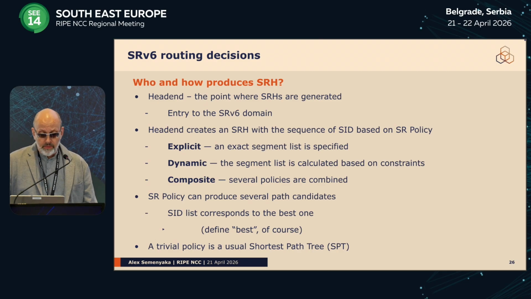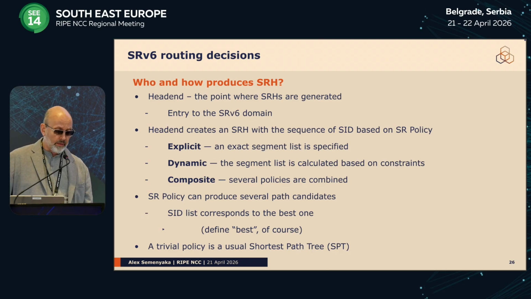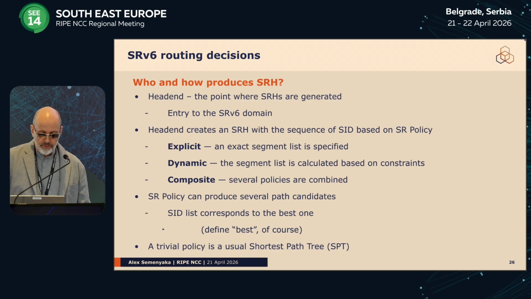And it can do it different ways. It can do it a static way with explicit description of the sequence. It can do it dynamically. And it can combine different approaches. So how do we do this?